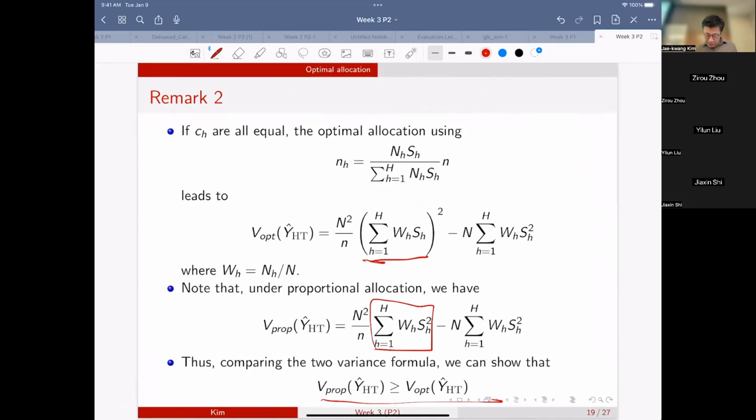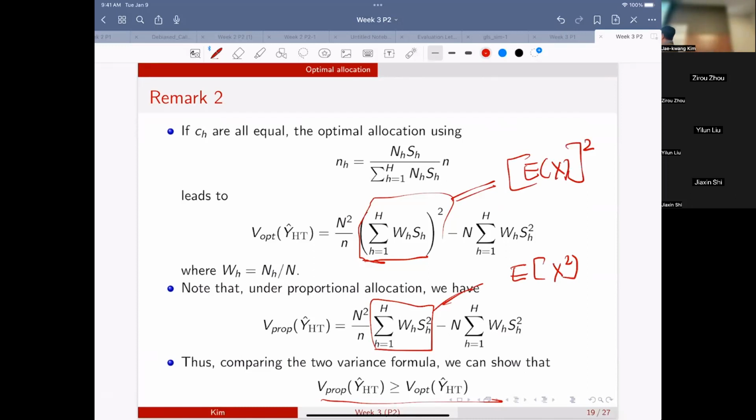This is a kind of weighted square, and it's a square of weighted. So this is more like an expectation over x square, and this is more like an expectation of x square. So that means using Jensen's inequality, this is bigger, right?